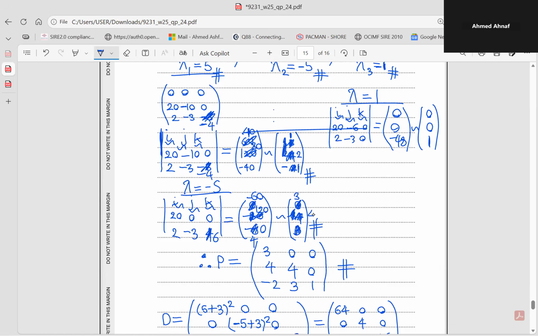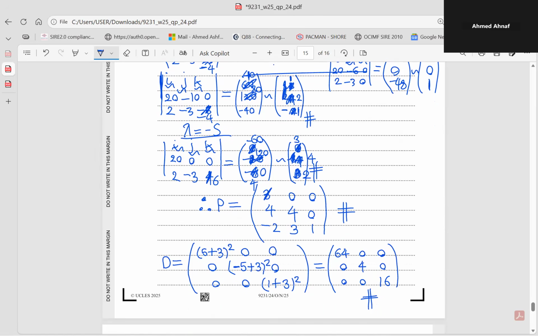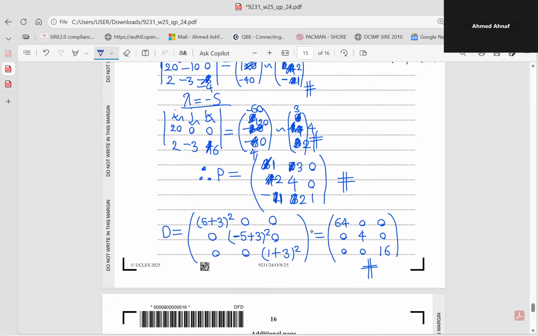I'm sorry, 3, 4, and 2. Yeah, and I think this is all right. 0, 0, 1. So therefore, P is going to change as such: 1, 2, negative 1, 3, 4, 2, 0, 0, 1. So this would be our answer for P.